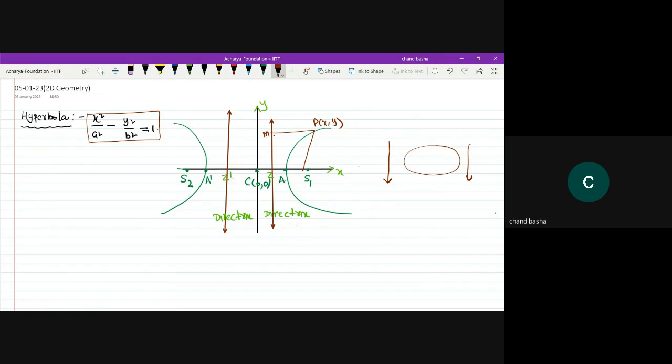You cannot take A and Z as the same point. In the parabola, I have clearly explained that A is the midpoint of S and Z. Z is the reflection of S. Z is the image of S with respect to the point A.